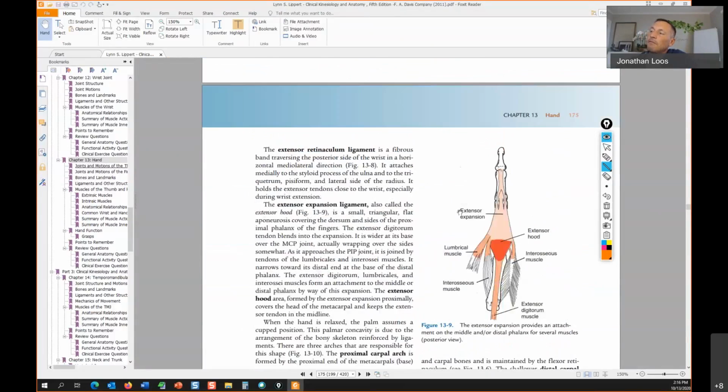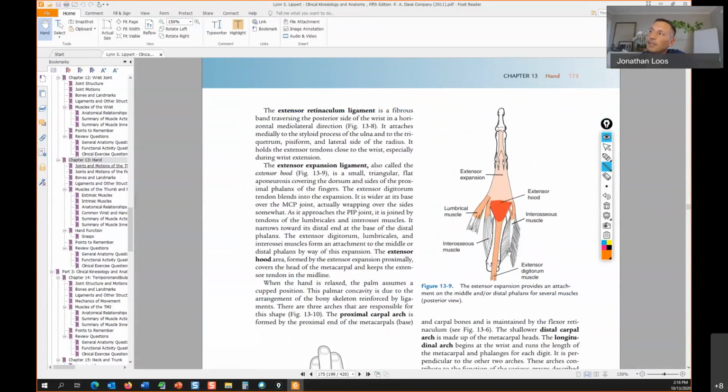So when you look at the extension mechanism, the extension mechanism is a product of the extensor digitorum. It has a similar relationship like the flexor digitorum. Instead of being on the medial condyle, it's at the lateral condyle, and it comes down the course of the arm.